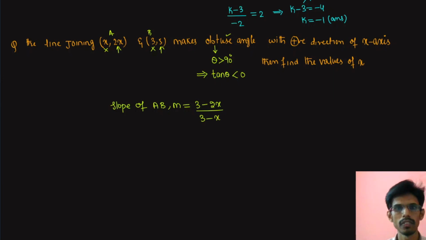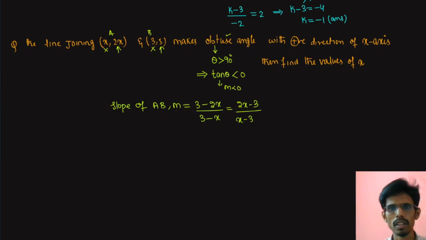Okay, this is the value we got. Now this can also be written as 2x minus 3 upon x minus 3. Right. From this I can say that m will be less than 0, since obtuse angle means the value should be less than 0.